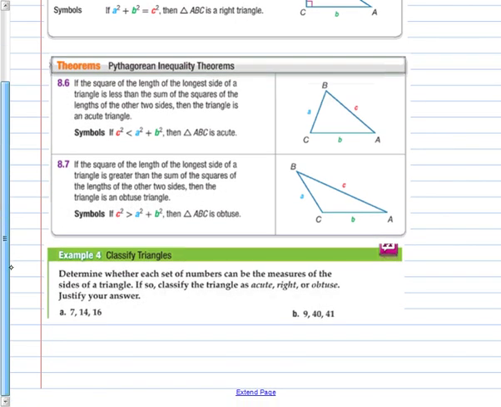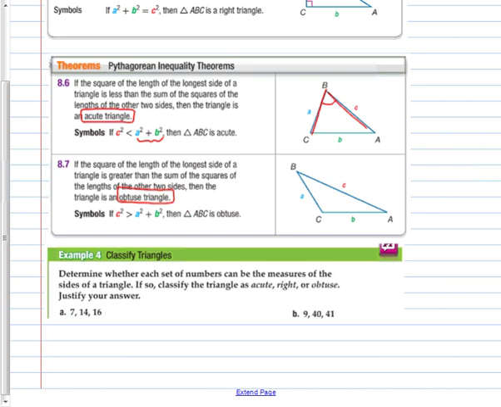We also can use the Pythagorean theorem to tell us whether we have an acute triangle or an obtuse triangle. If I take the sum of the squares of the shorter sides, and it is bigger than the square of the hypotenuse, it says this angle is an acute angle.